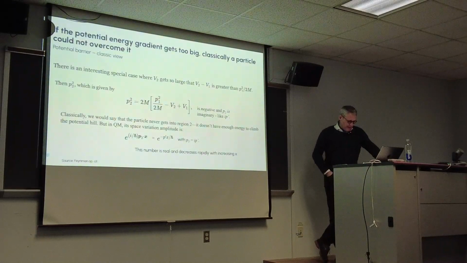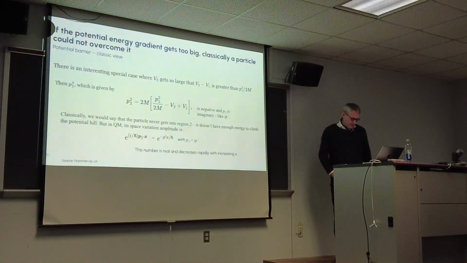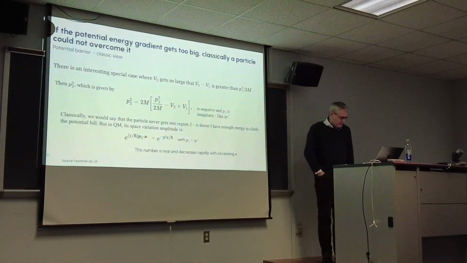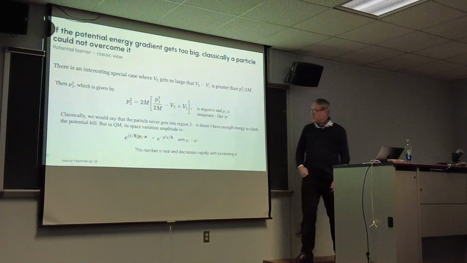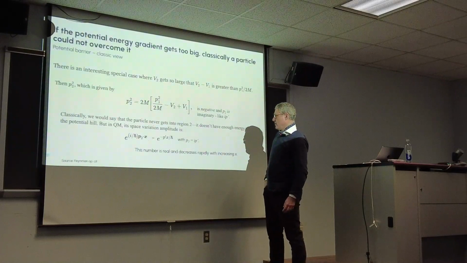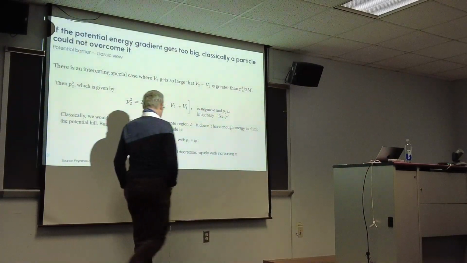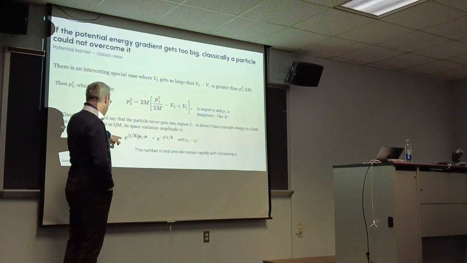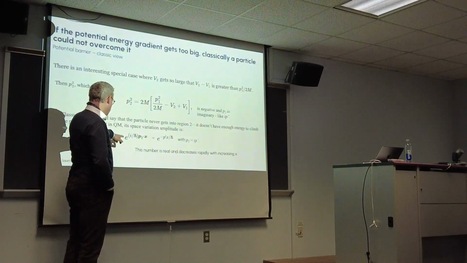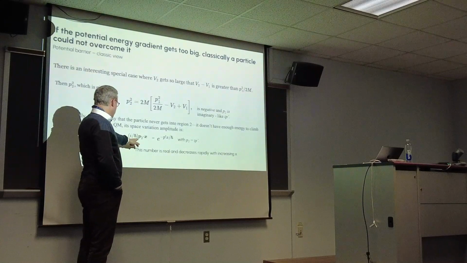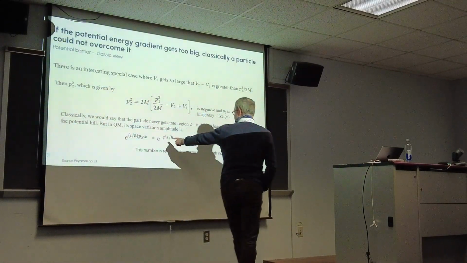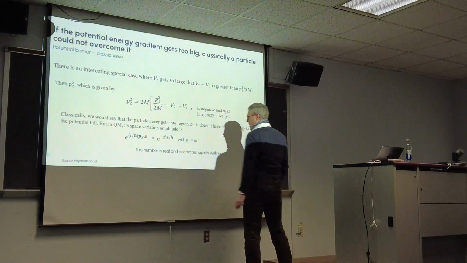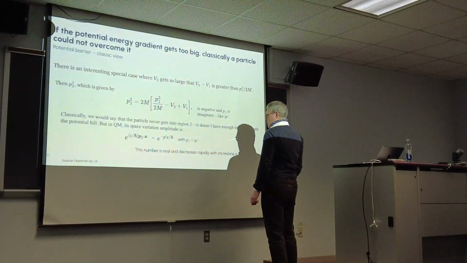And in quantum mechanics, now comes something very, very interesting. The space variation amplitude looks like this. Here we have p2 in the exponent, and then here we have minus p prime x.